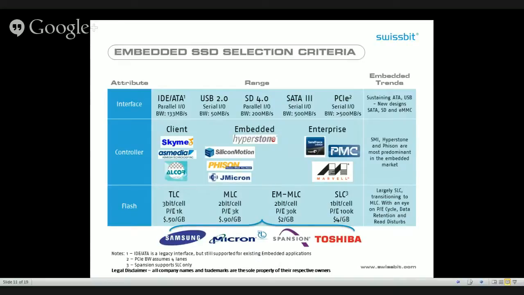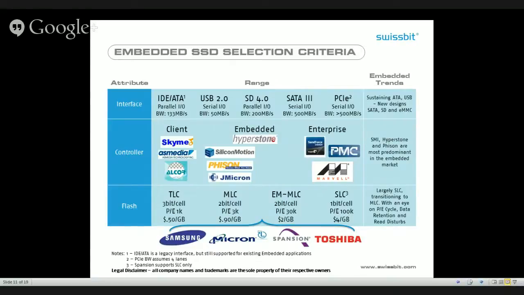On the flash side, as we talked about, the NAND flash varies in price as well as reliability. On one end is the TLC, which is largely in the client side, and that has a very low raw price per gigabyte, but it also has a very low PE cycle count and is more susceptible to read disturbs and data reliability issues. In the middle is MLC. It has a higher PE cycle count and a little bit higher price, but it is very predominantly the NAND flash of choice today.